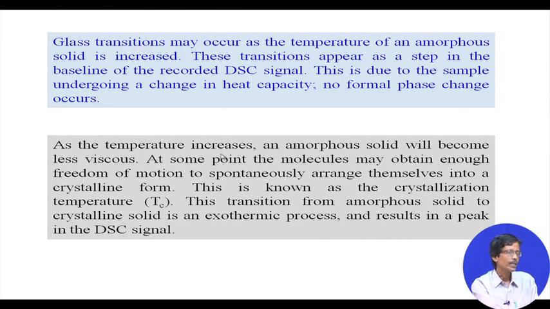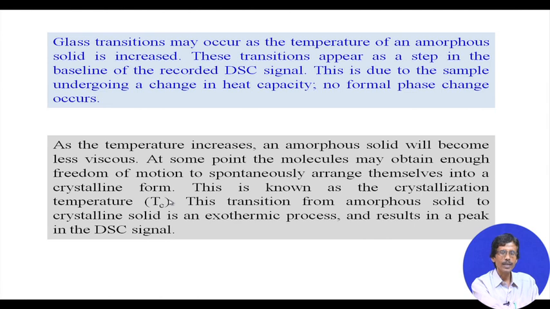As we keep on increasing the temperature, what we have started with, an amorphous solid rather than a glassy substance, will be less viscous. At some point the molecules may obtain enough freedom of motion to spontaneously arrange themselves into crystalline form.